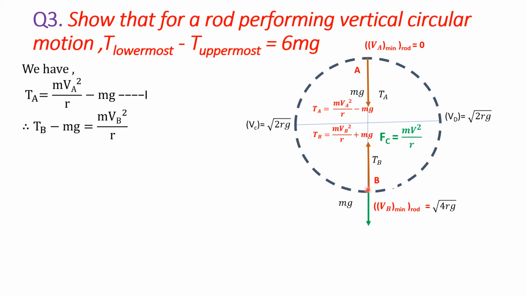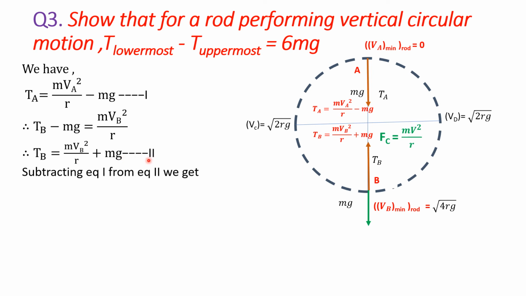And from point B, we can write the equation as Tb minus mg is equal to m Vb square upon r. Rearrange the equation. We can write Tb is equal to m Vb square upon r plus mg. Mark it as equation 2. Subtract equation 1 from 2. We can write Tb minus Ta is equal to m Vb square upon r plus mg minus, in the bracket, m Va square upon r minus mg, close the bracket.